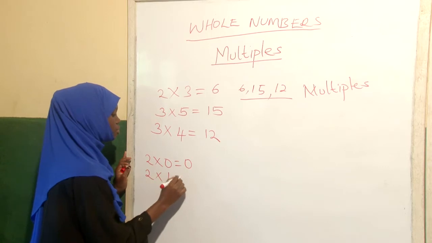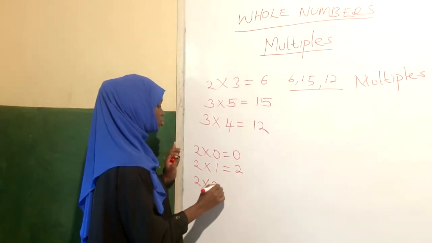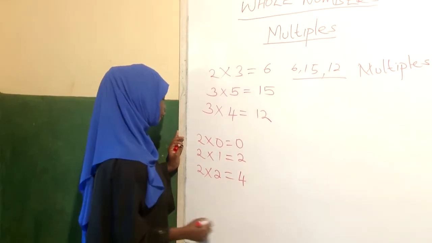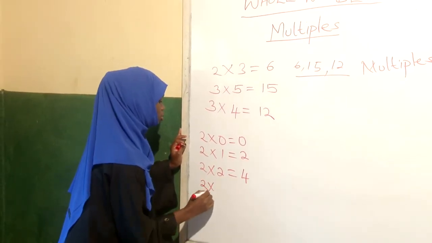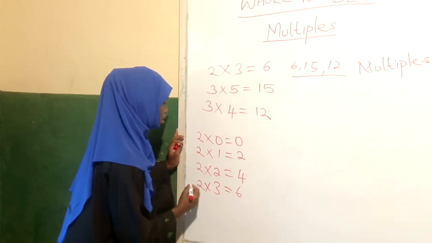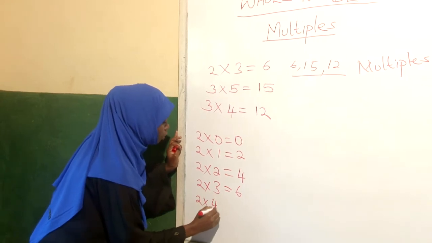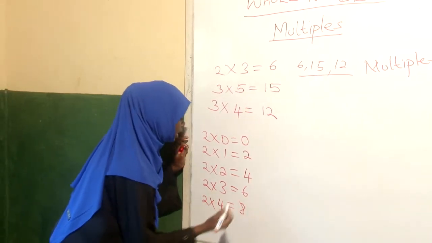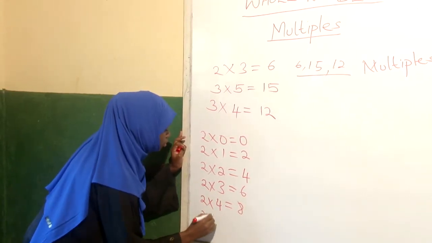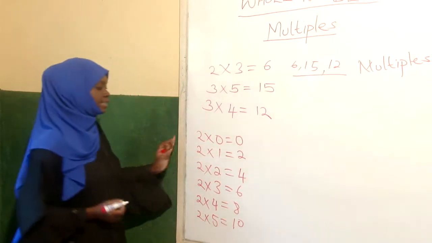2 times 1 will get 2. 2 times 2 will get 4. 2 times 3 will get 6. 2 times 4 will get 8. 2 times 5 will get 10.